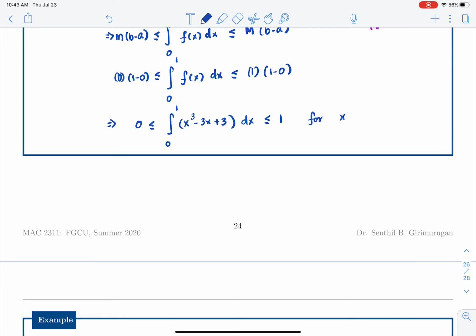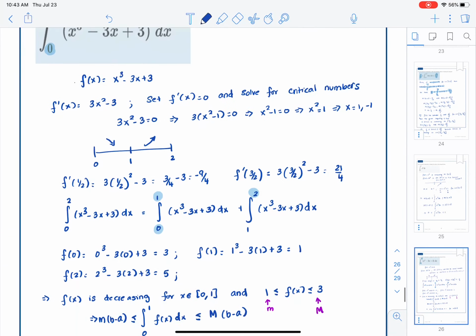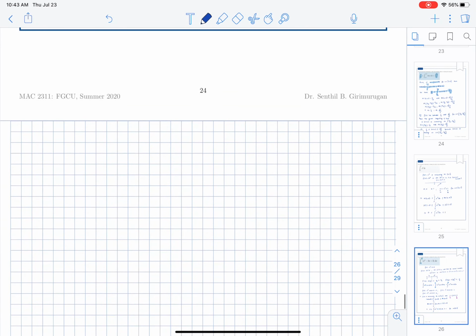Now keep in mind the behavior of the function is different on the other interval.